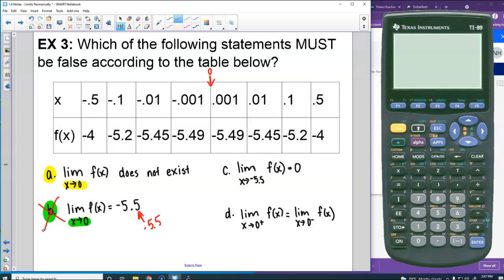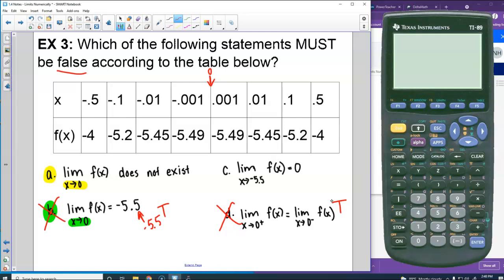All right. So does it look like the limit from the right and the limit from the left are the same at 0? It looks like they're going to go to the same value, right? So that looks like it should be true, so it's not the answer. This one asks which one is false, because this is true and this one is true, and we're looking for false.